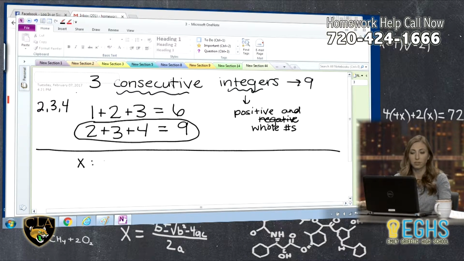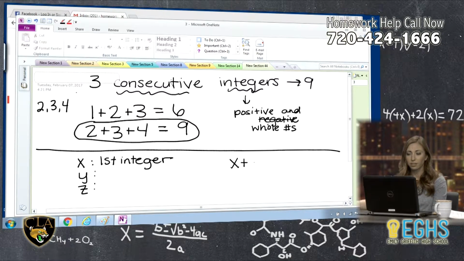This is my first integer. Now, since we don't know all 3 of them, we could say x, y, and z, but if I do x plus y plus z equals 9, that's really difficult to solve. That's not something we could really definitively do.